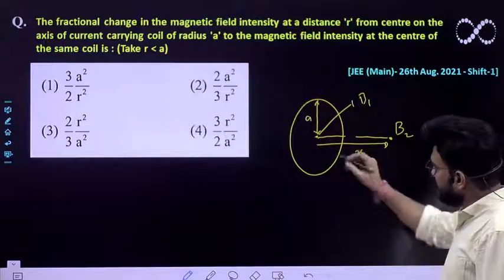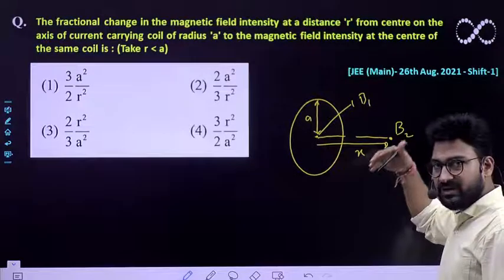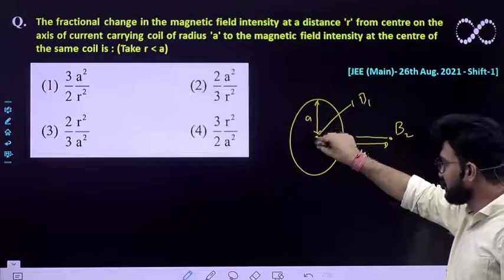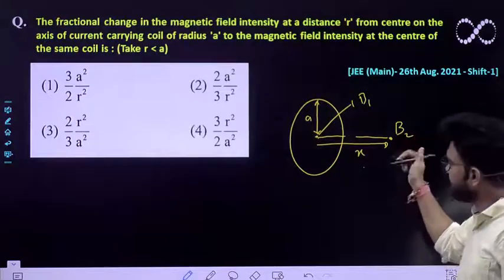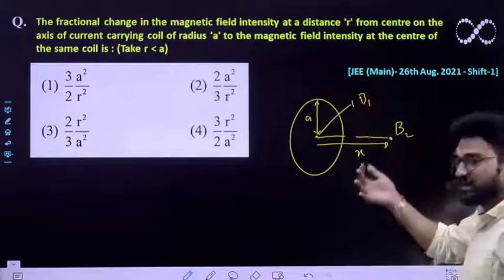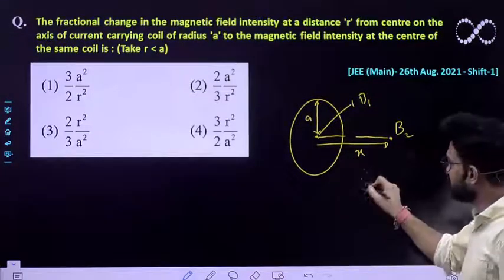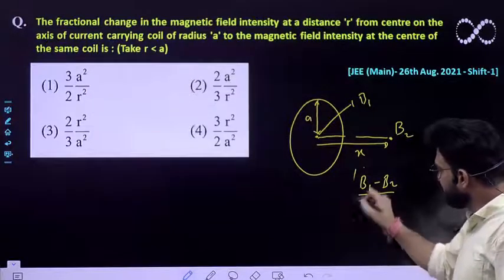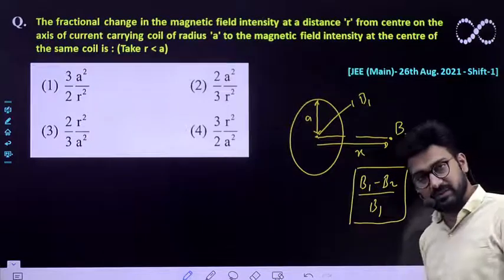At the center the magnetic field is obviously maximum because it is closer to the coil, and at some axial point its magnetic field, that is B2, is less as compared to B1. So what is the fractional change in the magnetic field? It is B1 minus B2 divided by B1. So this is the fractional change that you will be experiencing.